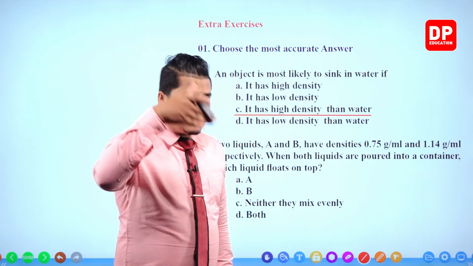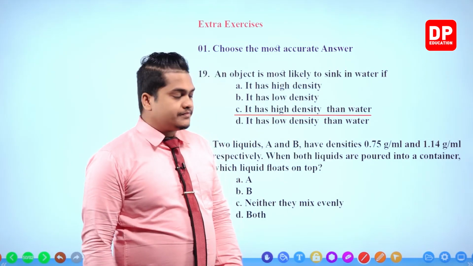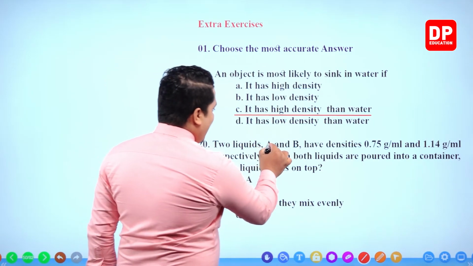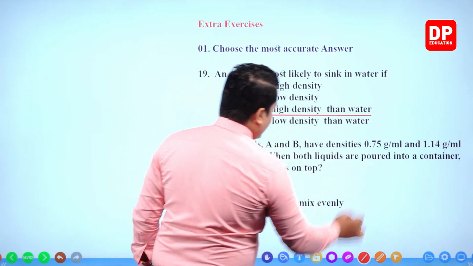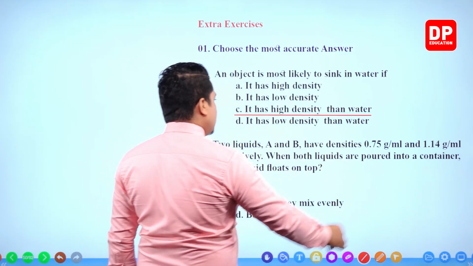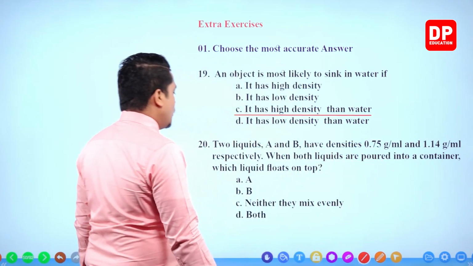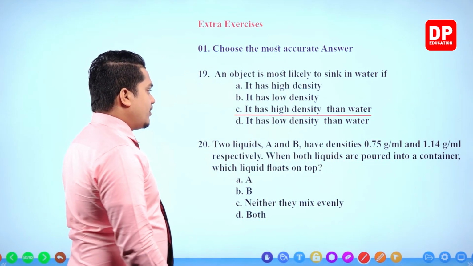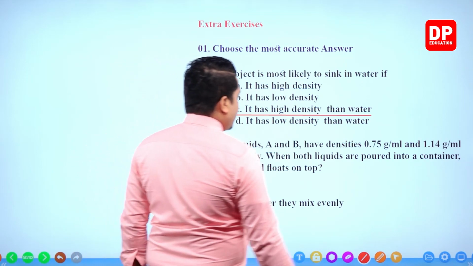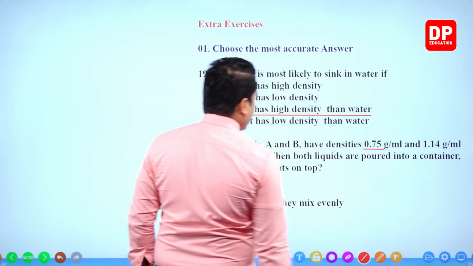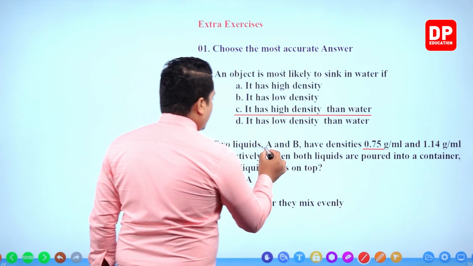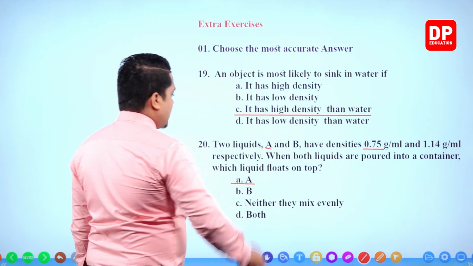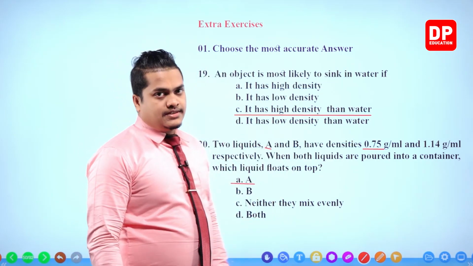High density ones are sinking, going down. So A has 0.75, B has 1.14. So which liquid will float? The liquid that is going to float is this A, as it has a lesser density.